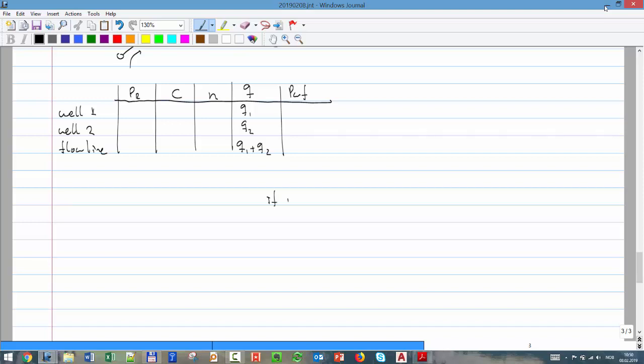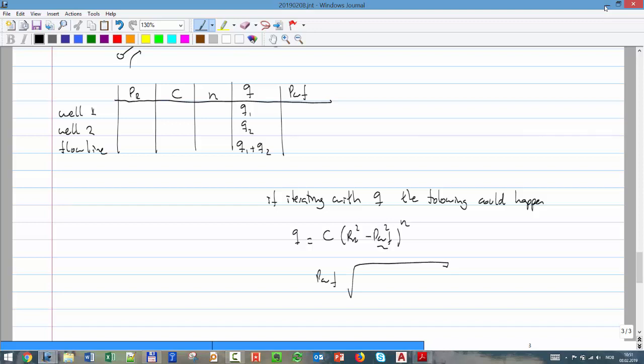But if I iterate with Q, the following could happen. I have this equation, Q equals C times (PR squared minus PWF squared) to the power of n, and I want to clear PWF, which gives me PWF is the square root of PR squared minus (Q over C) to the 1 over n.